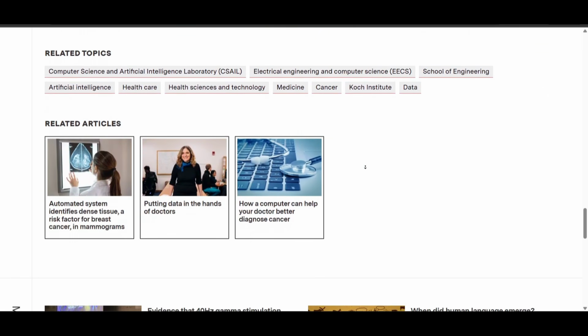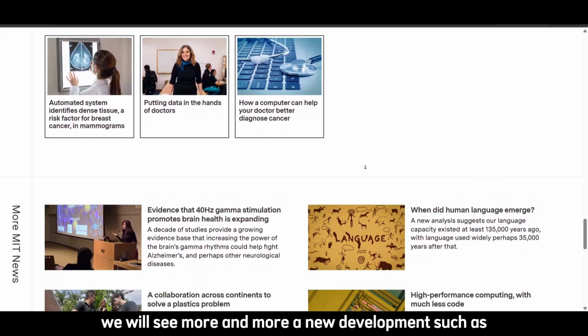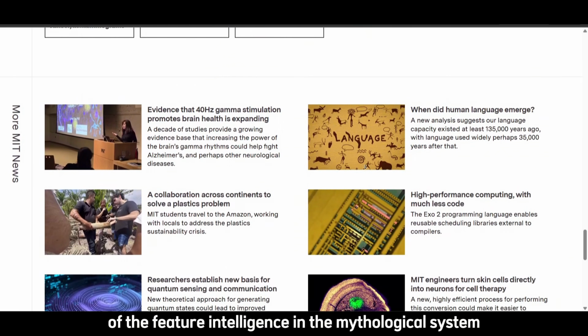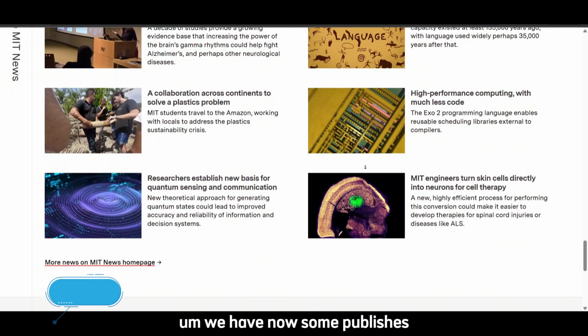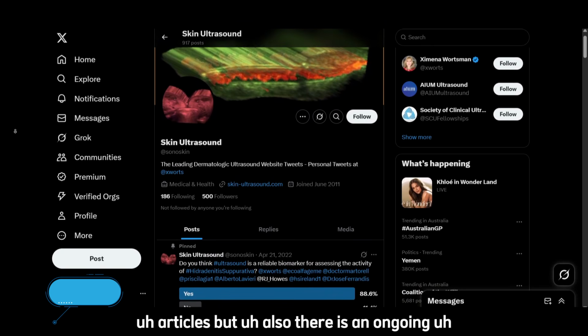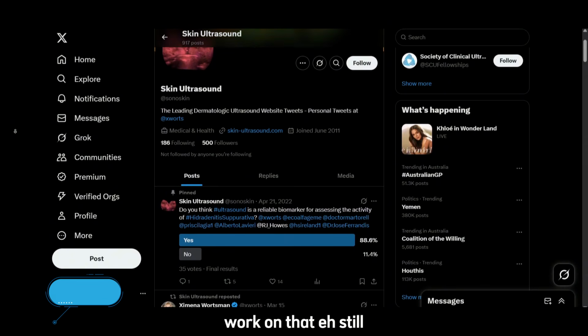But I think in the future, we will see more and more new developments, such as, for example, artificial intelligence in dermatological ultrasound. We have now some published articles, but also there is ongoing work on that.